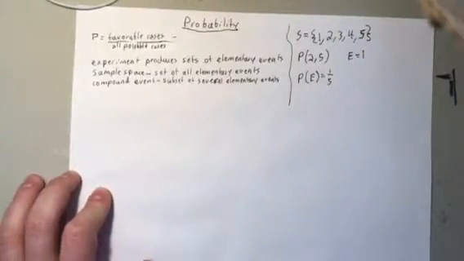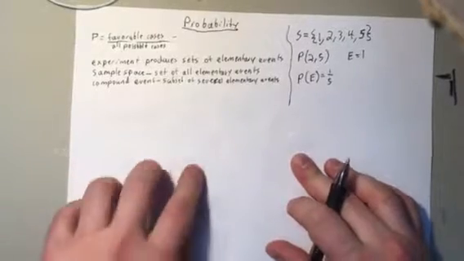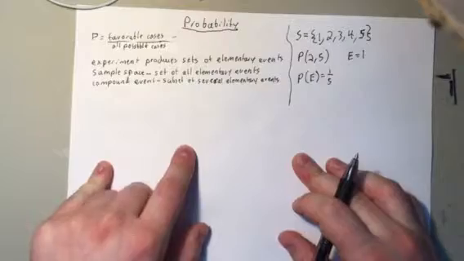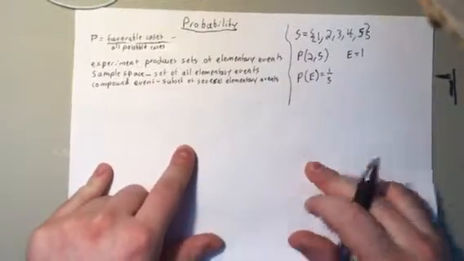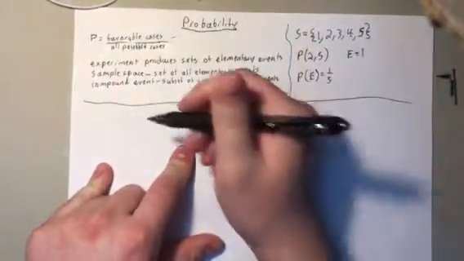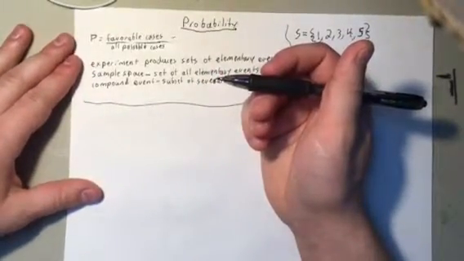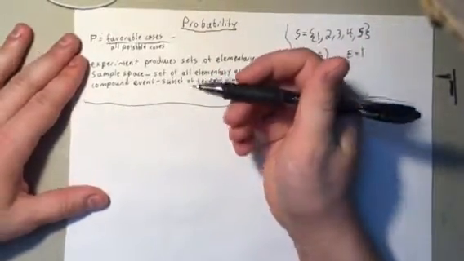Okay, for another example, we could do rolling a dice twice.